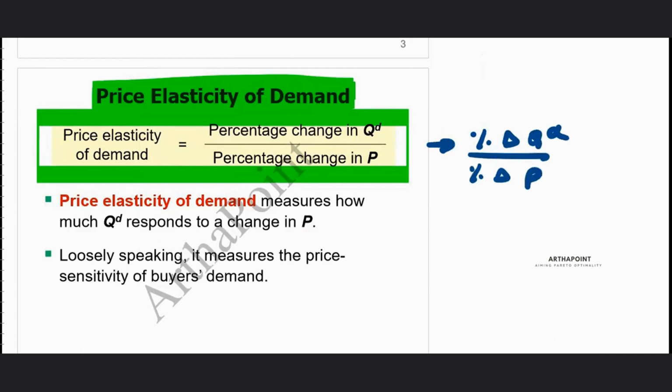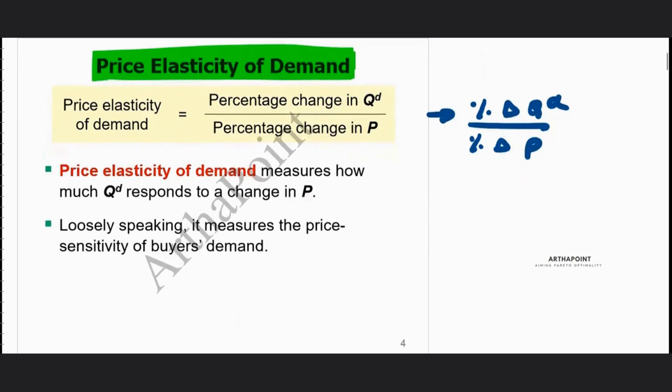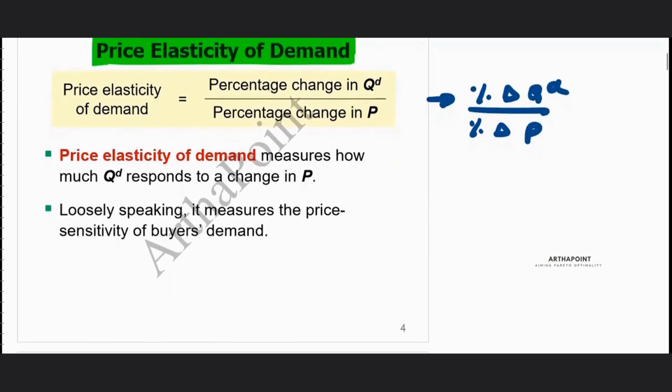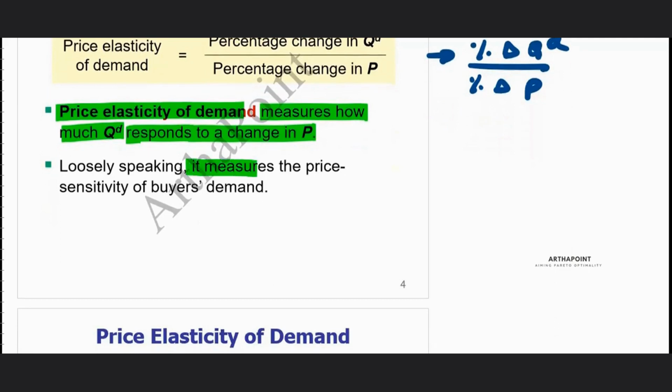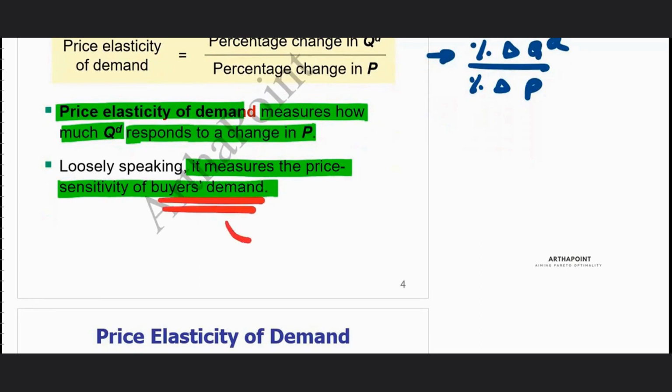When we try and find this, that is known as the price elasticity of demand. So the price elasticity of demand measures how much quantity demanded responds to the change in price. Loosely speaking, it measures the price sensitivity of buyers' demand. So how is the buyer's demand getting affected due to the price? When you try and measure that, that is known as price elasticity of demand.